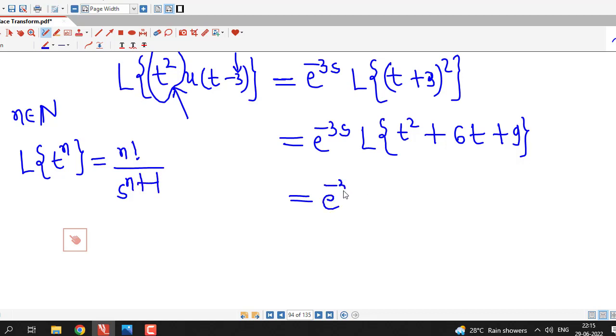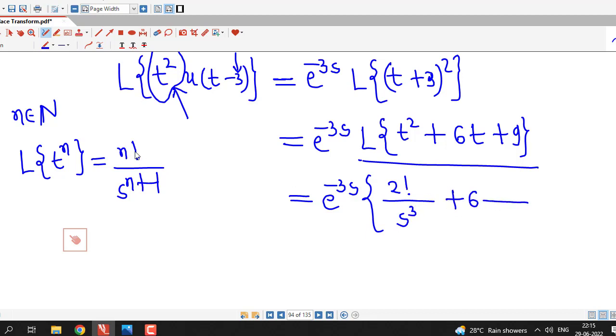Using this formula and the linearity property, we obtain the Laplace transform of t square, which is 2 factorial divided by s raised to 2 plus 1, that is 3, plus 6 times the Laplace transform of t, that is n equal to 1, so we have n factorial divided by s raised to 1 plus 1, plus 9 times the Laplace transform of 1, which is 1 by s.